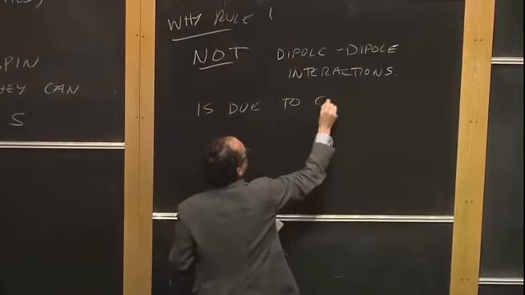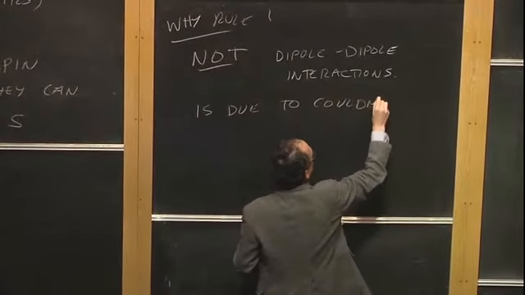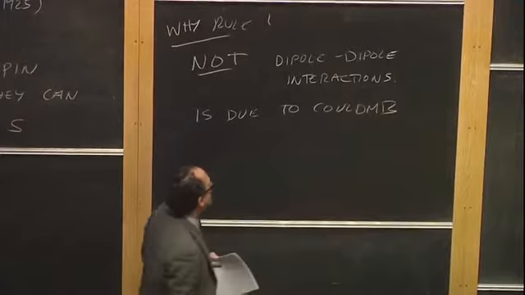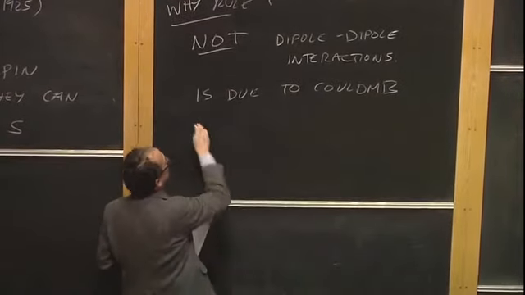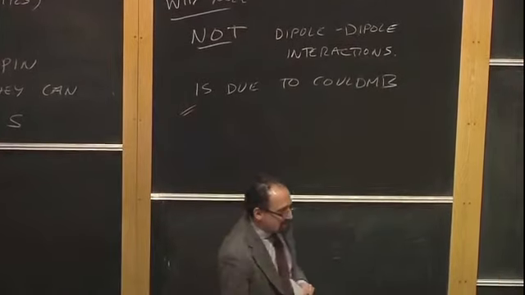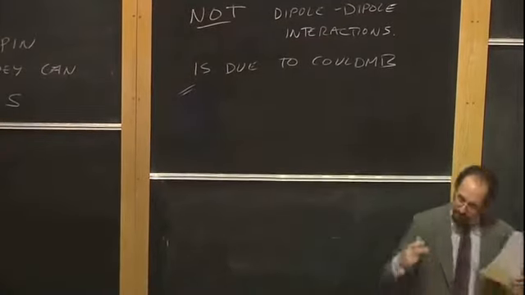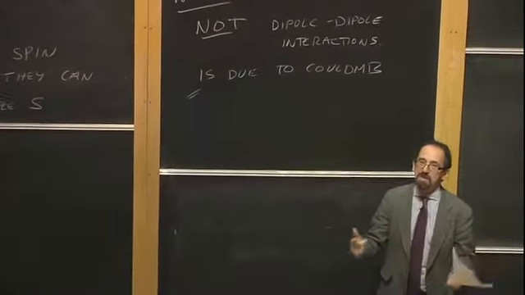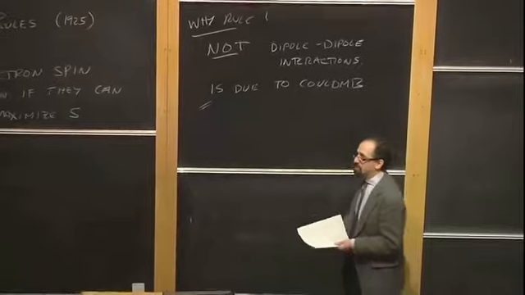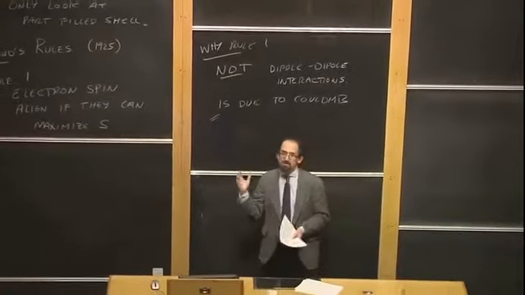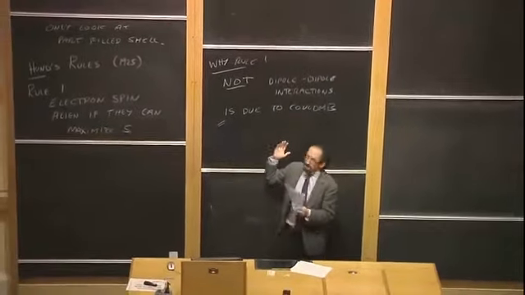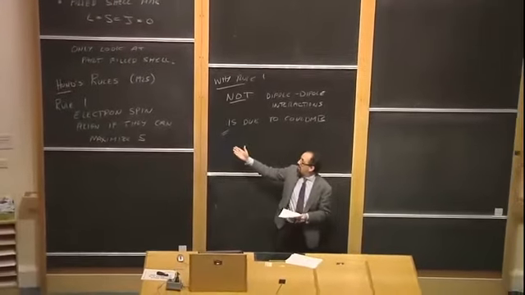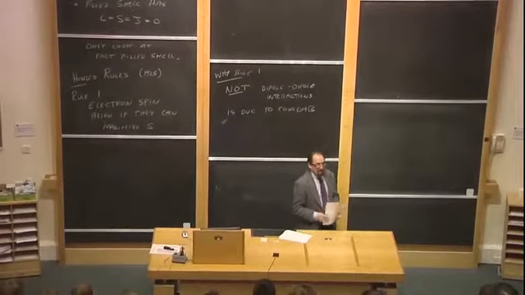Due to Coulomb. Let's see if we can figure out why Coulomb interaction would care if the electron spins were aligned or not aligned. Well, if you open up most solid-state physics books or most physics books of any sort, they usually tell you some story about why it is that electron spins want to align and why it is that Hund's rule is obeyed in this respect.